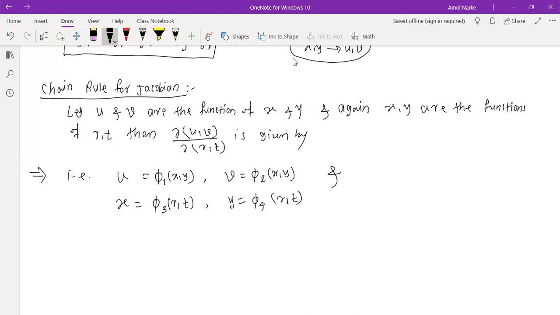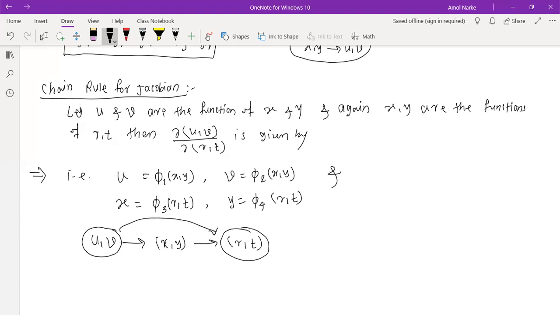Here we need to find the Jacobian of (u, v) with respect to (r, t). Now I make a diagram. u and v are functions of x and y, and x and y are functions of r and t. Yes or no? I want to go from here to here. So what is the way? First I find the Jacobian of (u, v) with respect to (x, y), and then (x, y) with respect to (r, t).